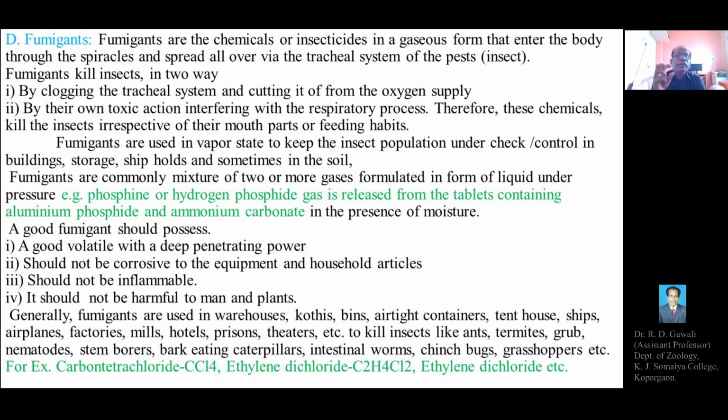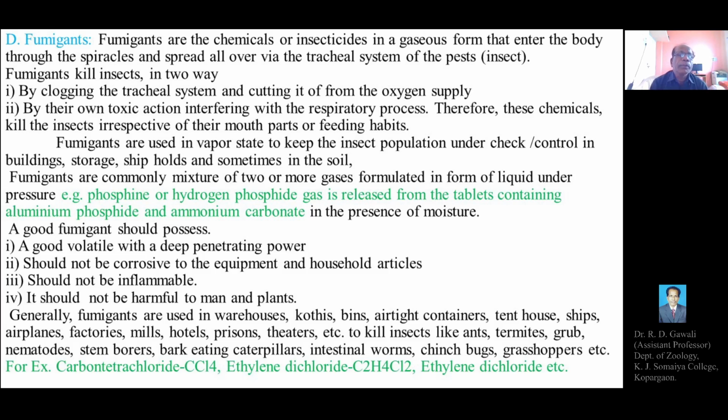So the fumigant phosphine is prepared using these two chemicals in the presence of moisture, and that will release the gas called hydrogen phosphide or phosphine.